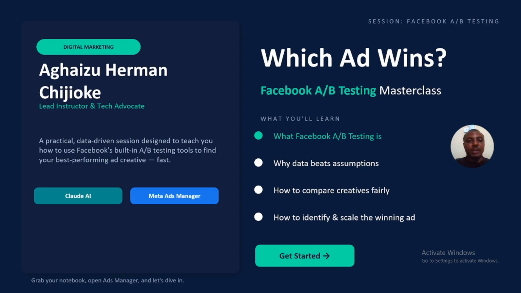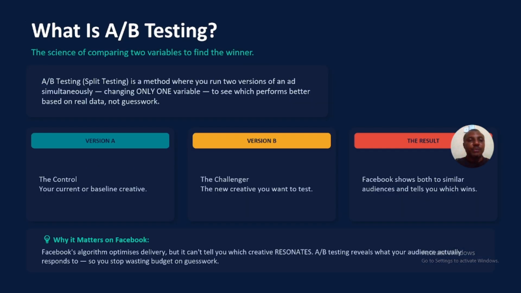So let's start. First of all, what is A/B testing? A/B testing is the science of comparing two variables to find out the winner. A/B testing, or what you may know as split testing, is a method where you run two versions of an ad simultaneously, only changing one variable to see which performs better based on real data and not guesswork.